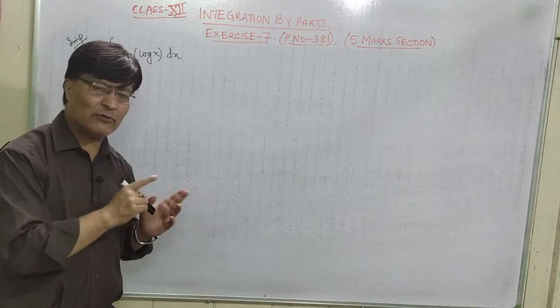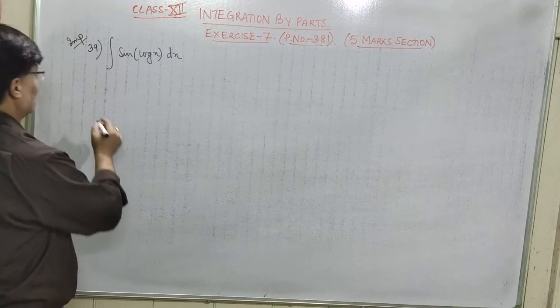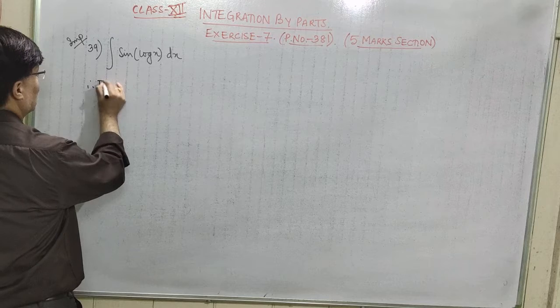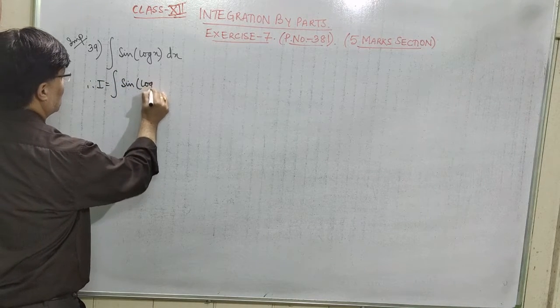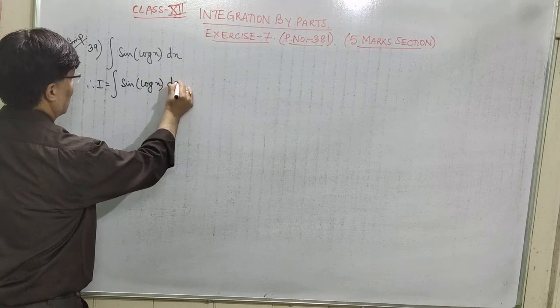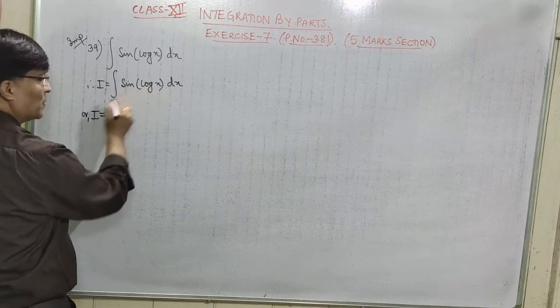In this case sine of log x is taken as the first function and 1 is taken as the second function. So let us first write I is equal to integration of sine of log x dx. Now I already told you that this will be the first function.